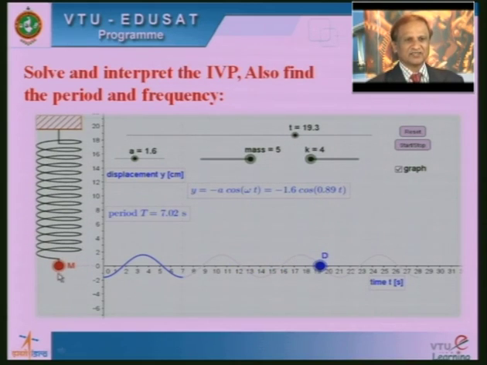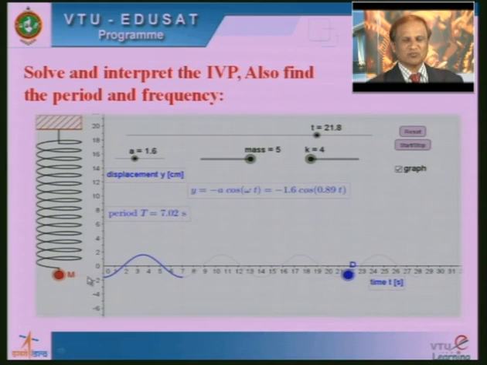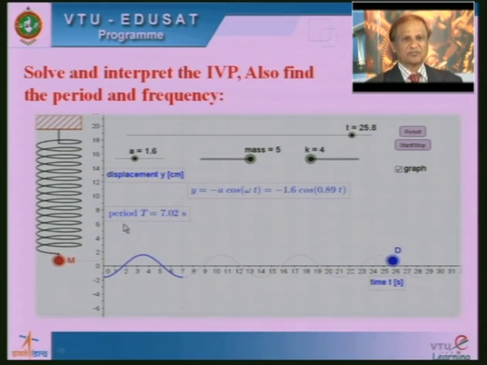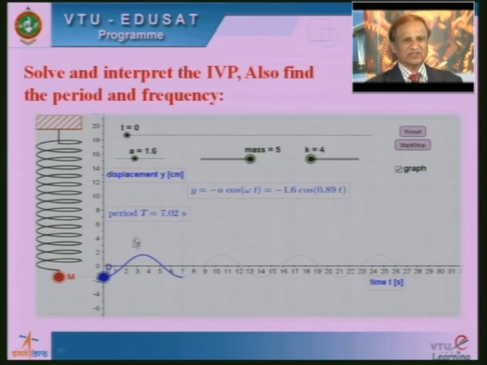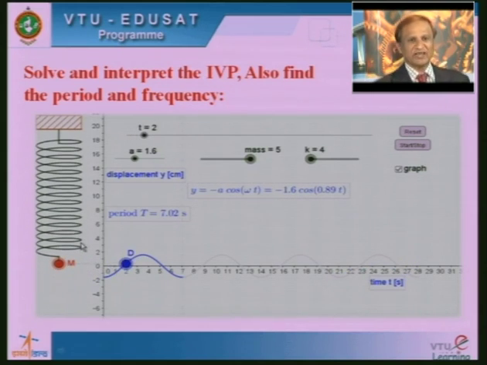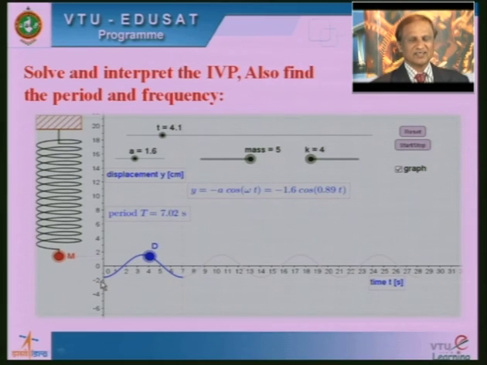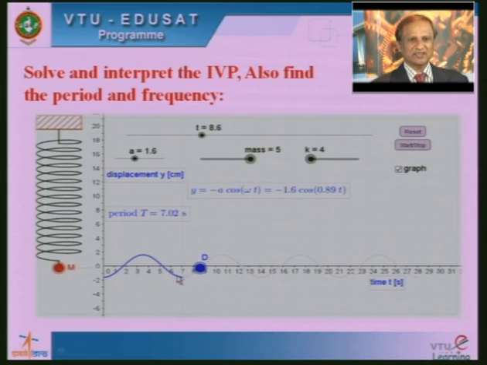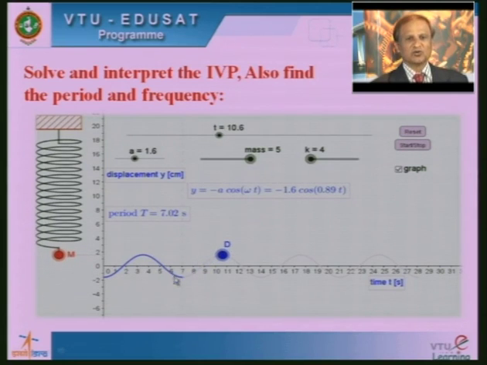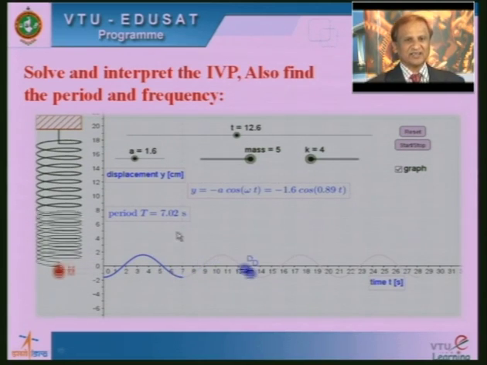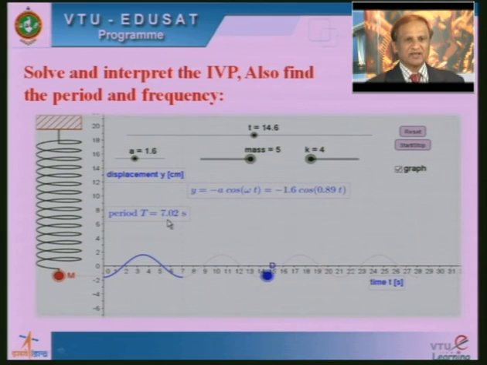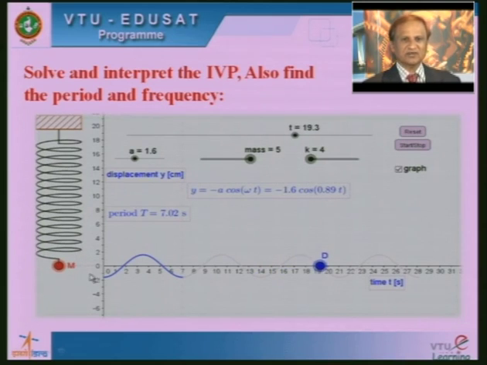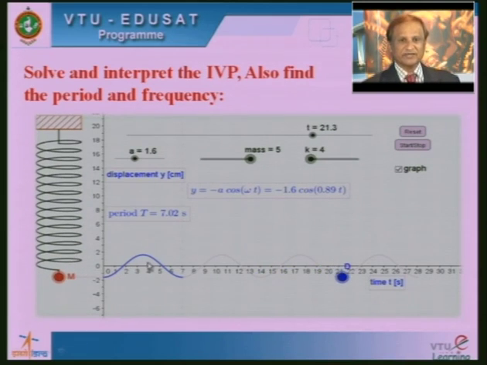Now you can calculate the period, how much time it takes to complete one cycle. It starts from 0. Here we have calculated it requires 7.02 seconds to complete one cycle, or one period.